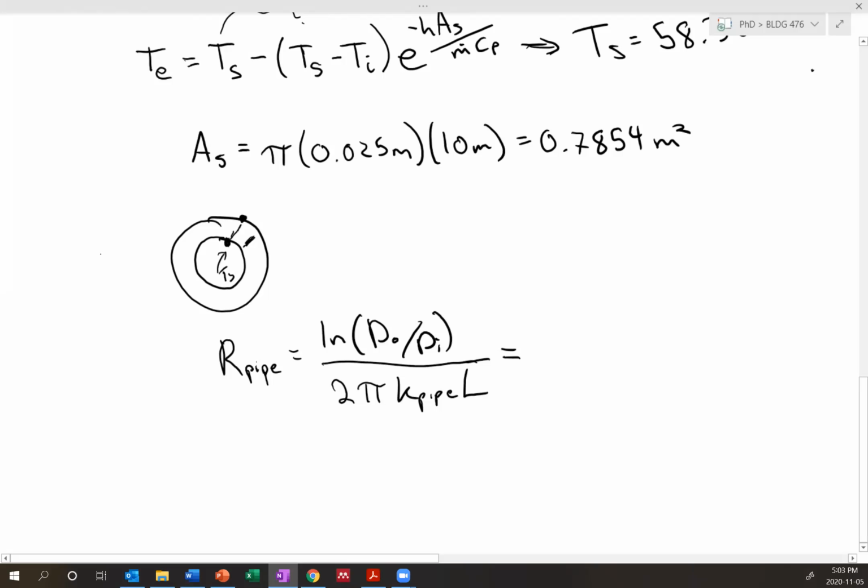As you remember, for a wall there was none of this ln. It's just because we're in polar coordinates. Our heat transfer acts normal to our polar coordinate, and that's where this ln comes from. Calculating this, we get 0.0001934 Kelvin per watt.